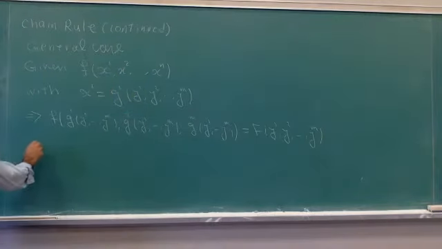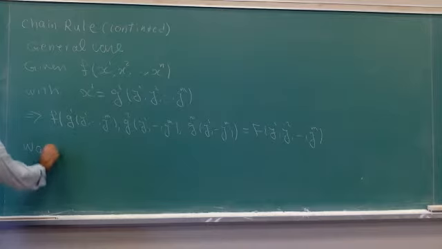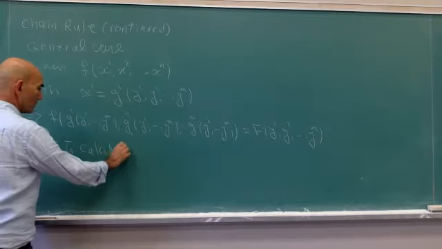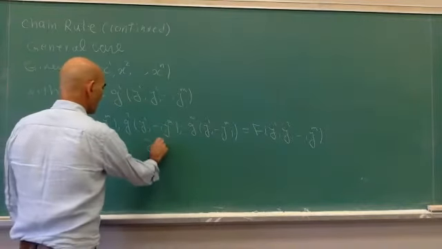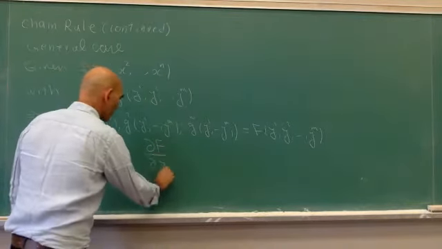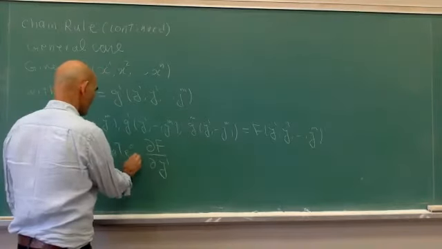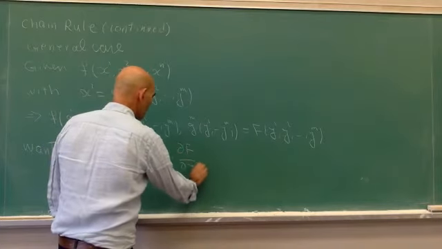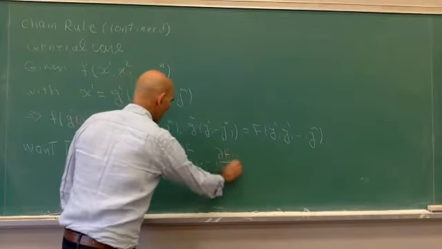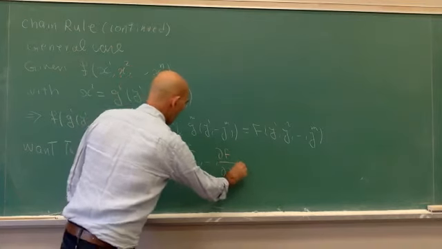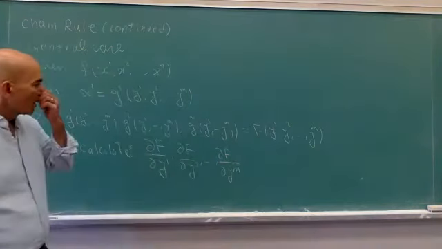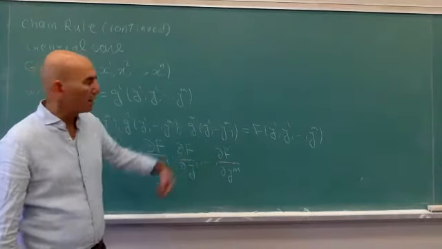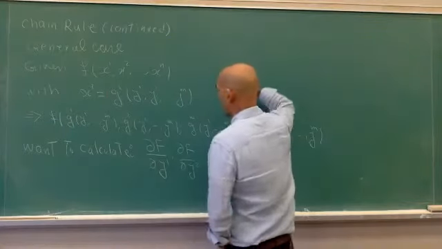So the desired is to calculate partial of F with respect to y1, for example, partial of F with respect to y2, and partial of F with respect to ym, right? So let's write one by one each of these cases, and then we'll see what is the pattern.